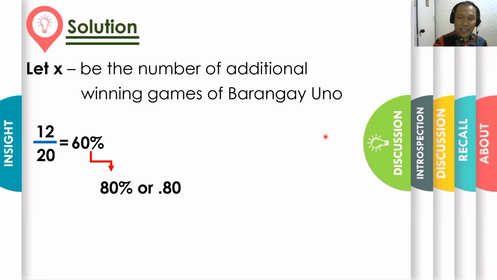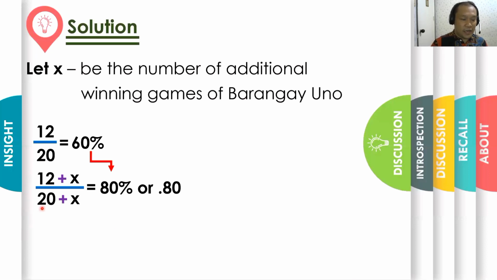Now, in this case, we want to know how many additional winning games there will be. Meaning to say, consecutively, they have to win the games. How many? Okay. Then, since we do have now our rational equation, we are going to get our LCD.